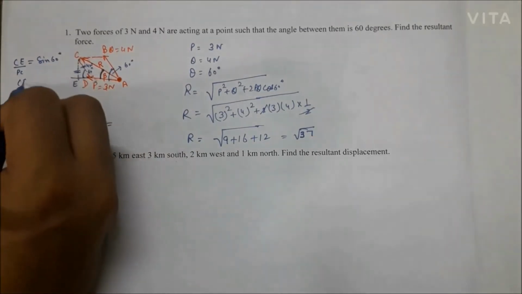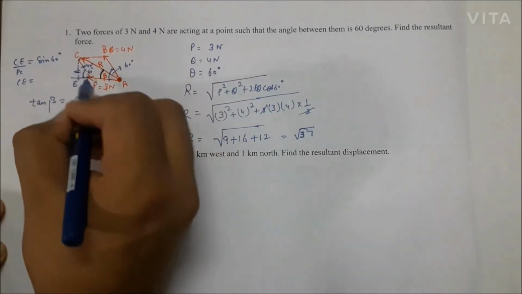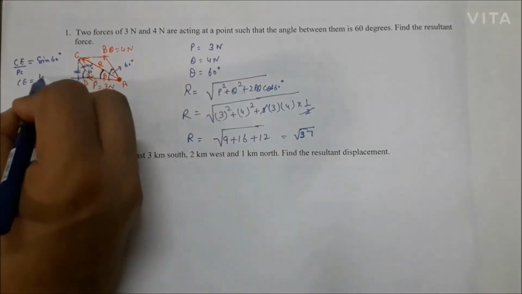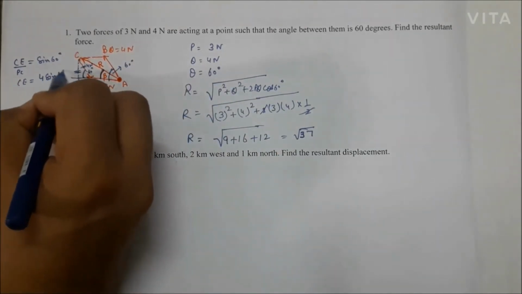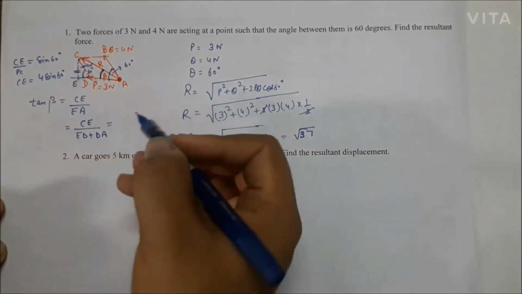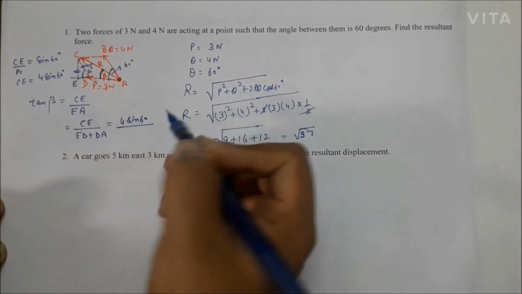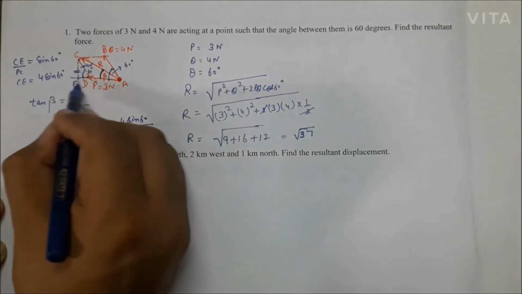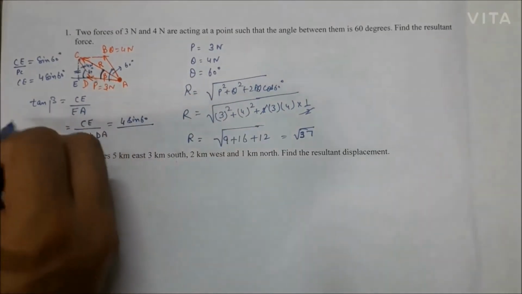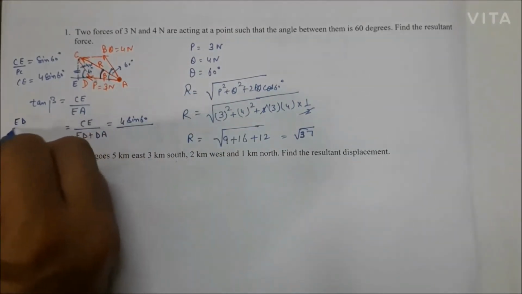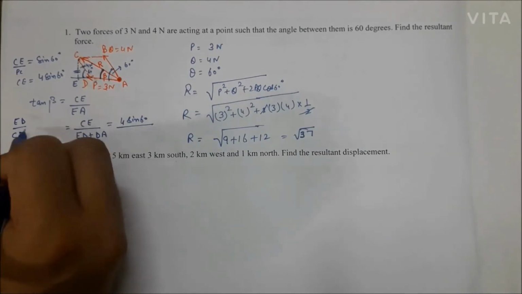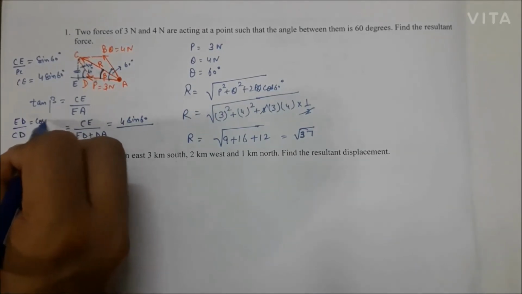So CE simply comes out to be, what is PC? PC is 4 newtons. So it comes out to be 4 sine 60. So 4 sine 60 upon, what is ED? ED similarly by applying simple trigonometry, you can say ED upon CD is cos 60.